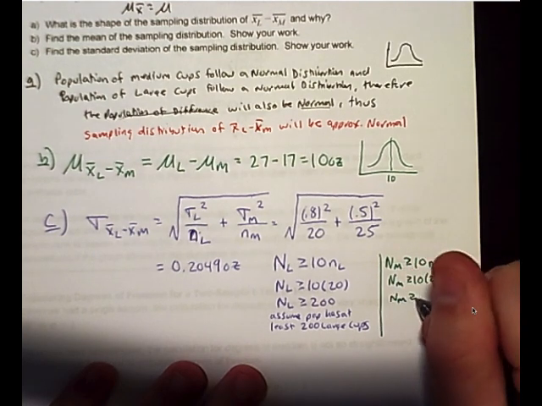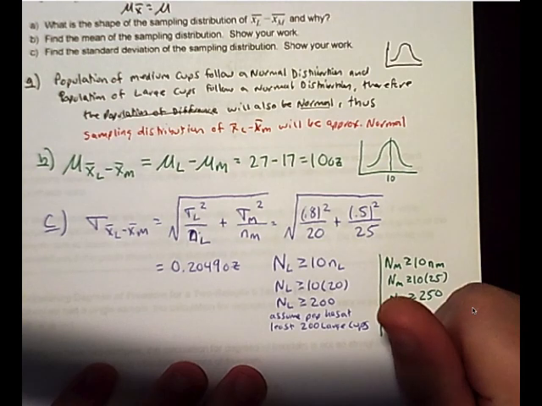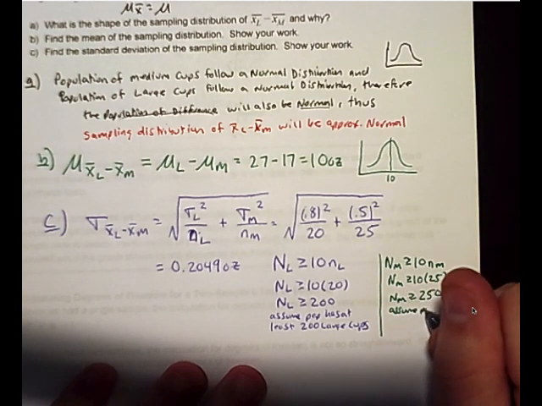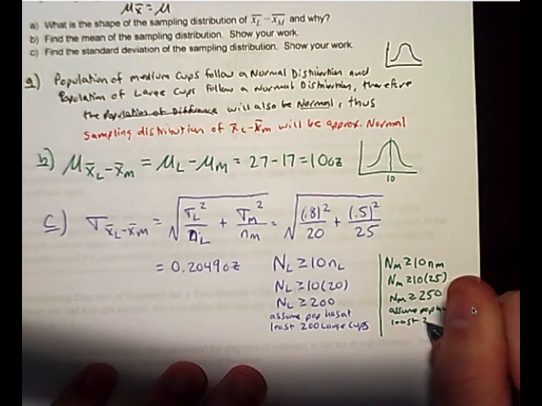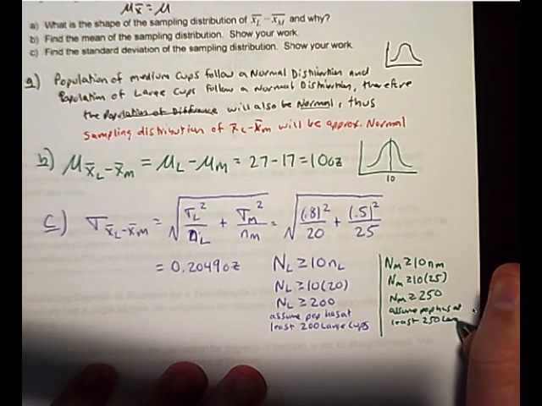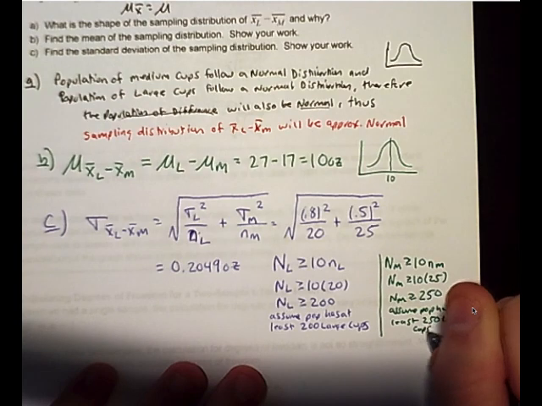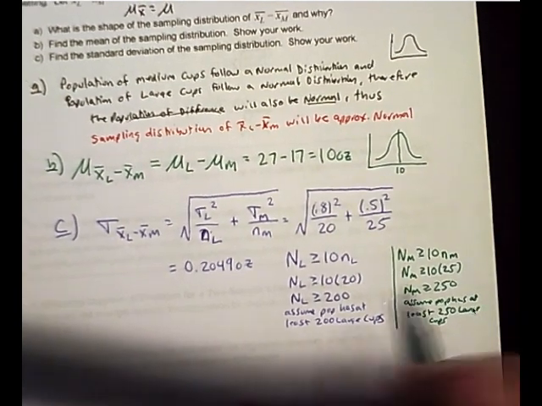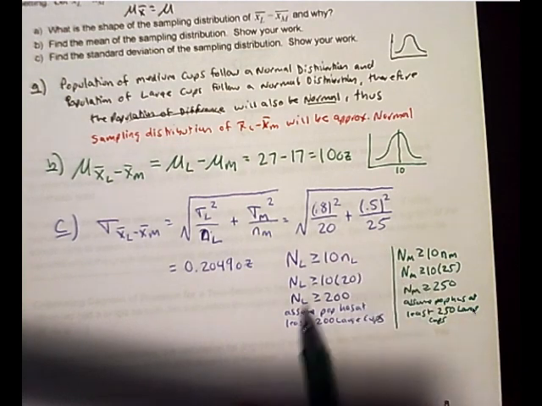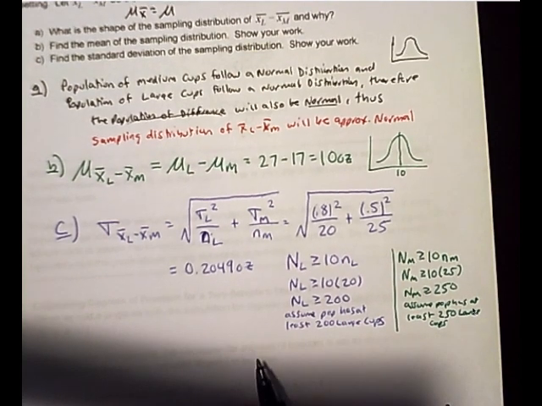Another pretty safe assumption, I would think. We're going to assume that the population has at least 250 medium cups. That's the independence condition. The only way we're allowed to use that formula is if it meets this independence condition, 10 times the size.